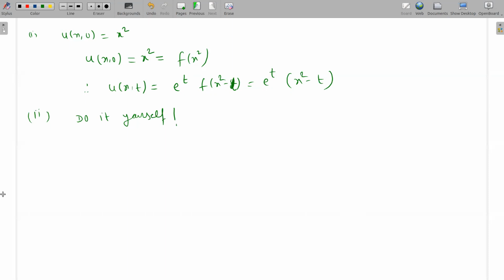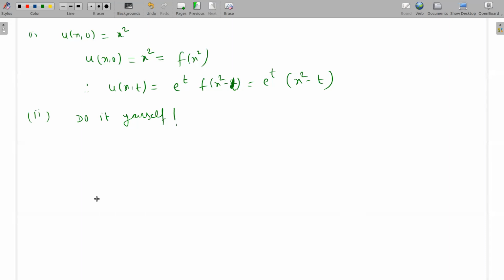So these were the cases of first order quasi-linear equations by using the method of characteristics. And quasi-linear, of course, also involves semi-linear and linear.